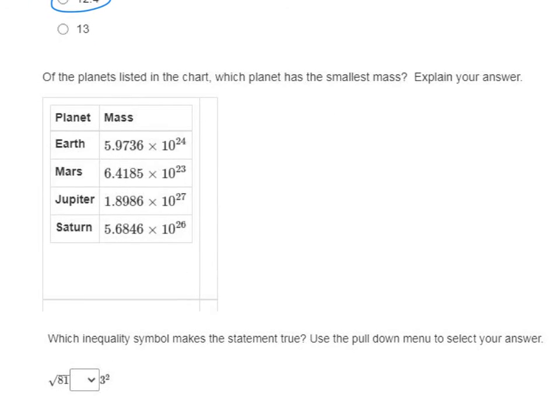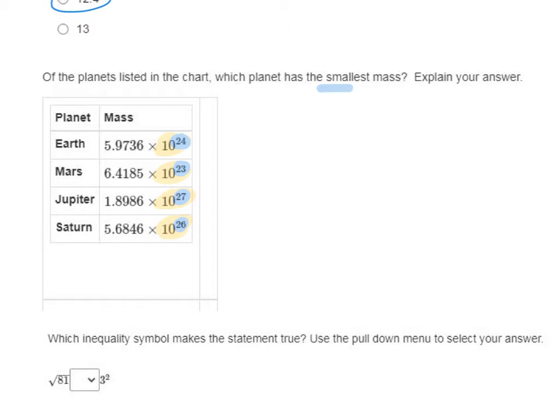Okay, now this next one. Some of you ended up doing a lot of work on this problem, but I did tell you when we went over it in class, all you had to pay attention to was this part right there, the exponent piece. So if I look a little bit closer, now just at the exponents, I've got 24, 23, 27, 26.